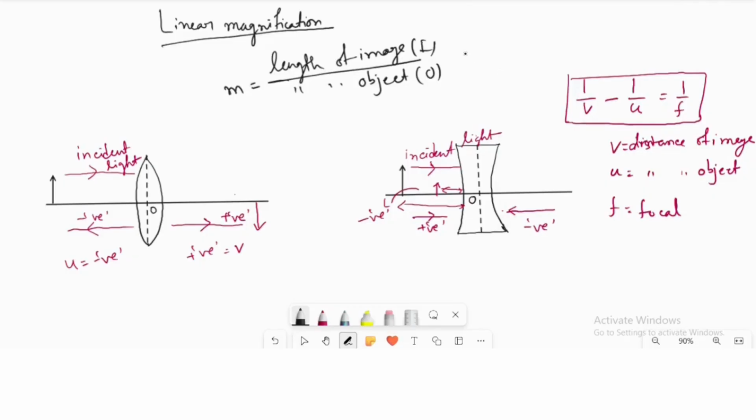And here the length of the image is perpendicular to the principal axis.